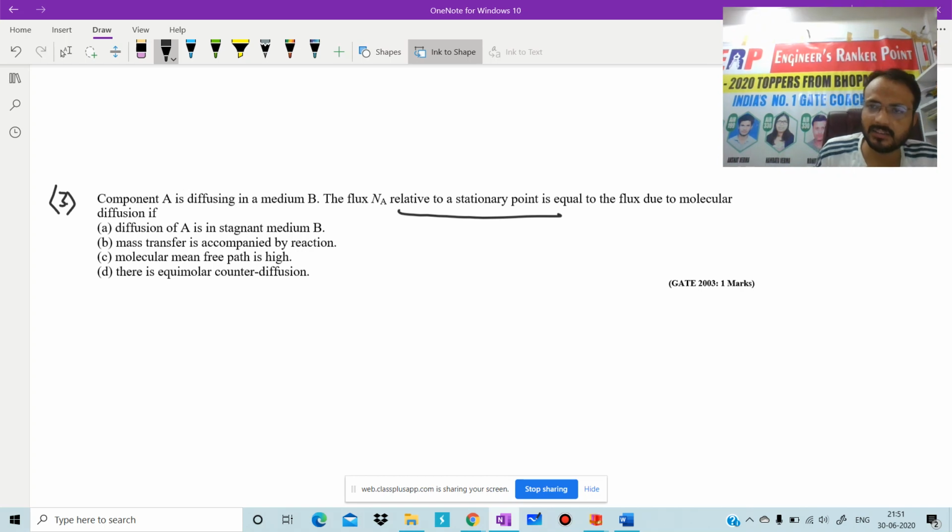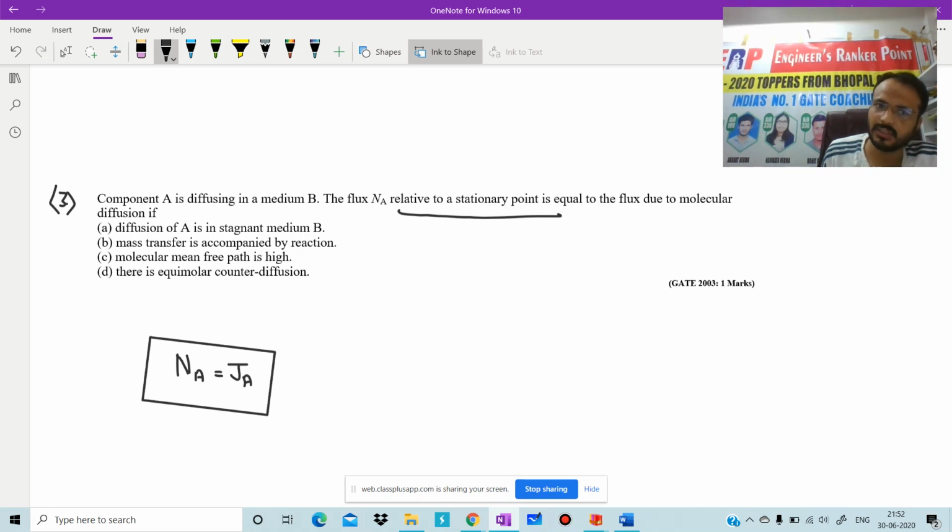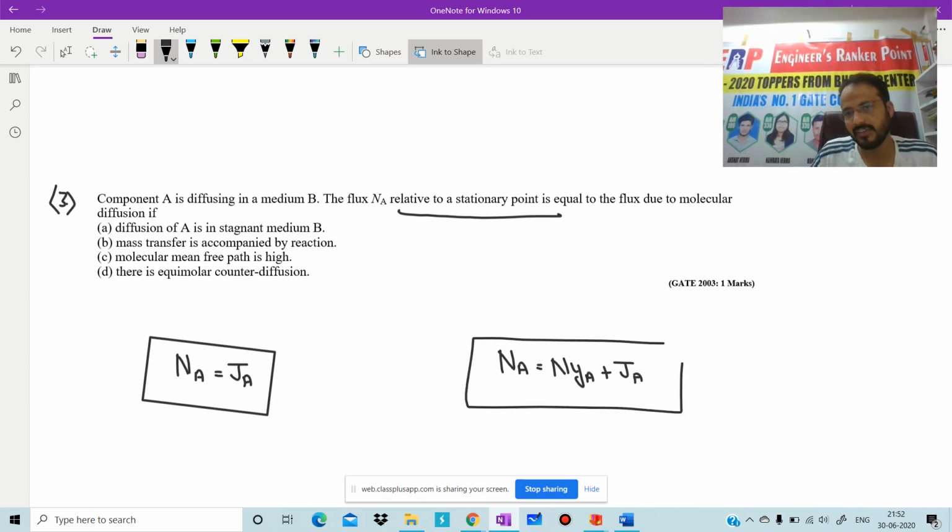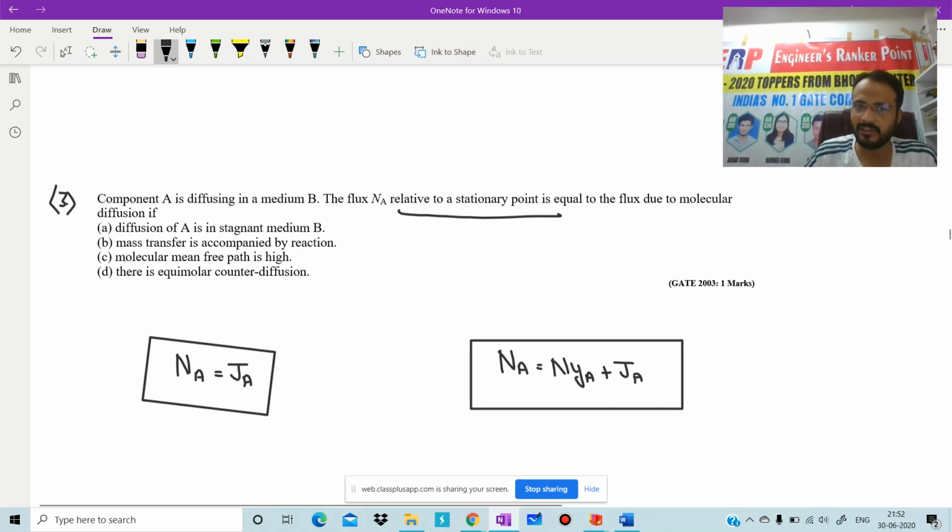According to this line, the value of NA is equal to JA. Yes or no? Is it clear? I have already told you we have the equation NA is equal to N into YA plus JA. Yes or no? We have this equation. In this equation, in which condition is NA equal to JA?